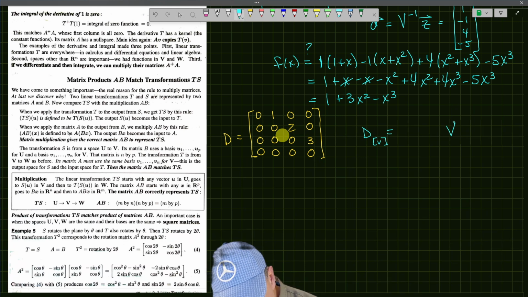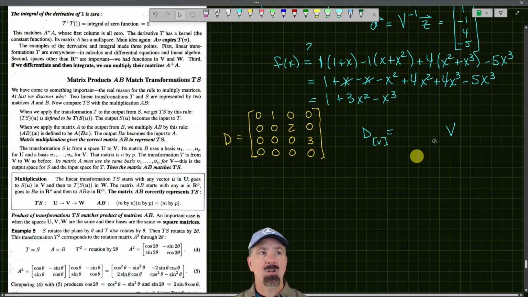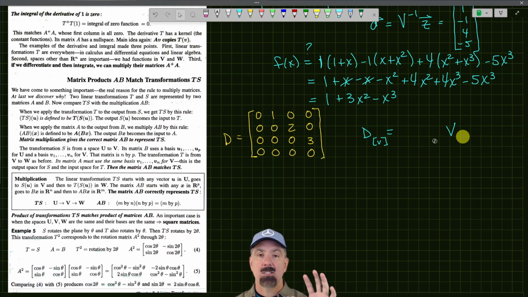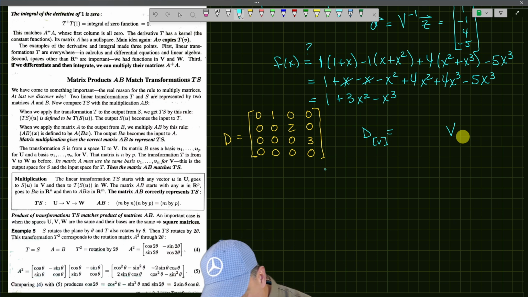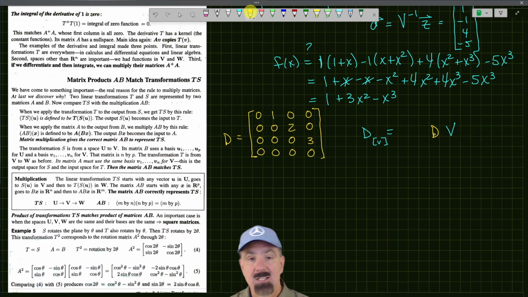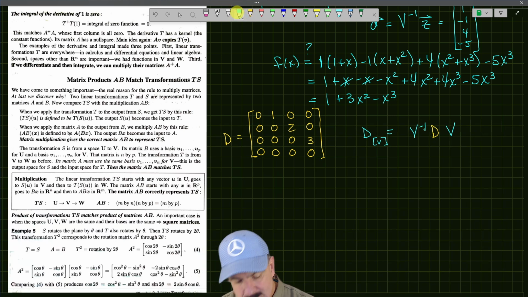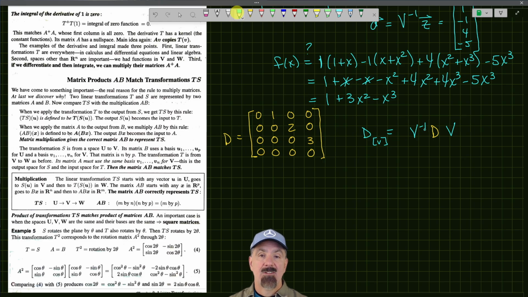We're going to put a V over here because that's going to take inputs written in Vicky's basis and transition them to the standard basis, the monomial basis. Then we're going to take our D, which is in the standard basis, and do differentiation. And now we need to transition from the monomial basis back to Vicky's basis, which you remember is V inverse. And that's going to be the differentiation matrix, but now not monomial basis to monomial basis, but Vicky's basis to Vicky's basis.